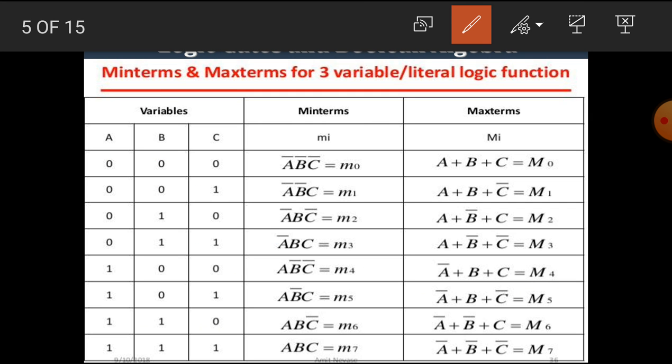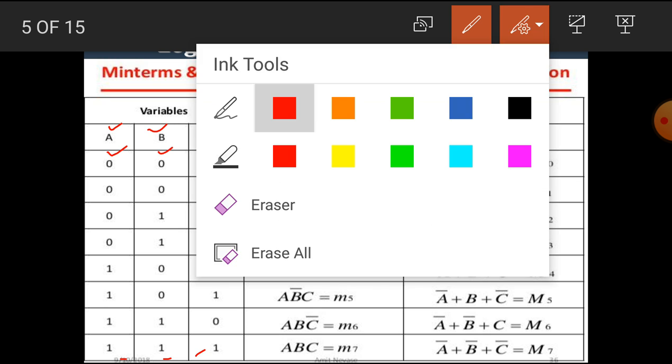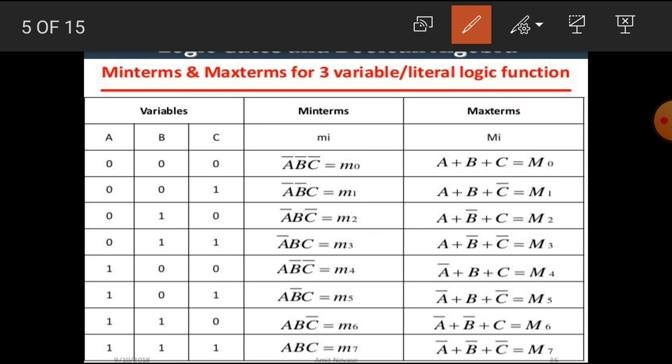Let's see the min terms and max terms for a three variable or three literal logic function. That means we have three inputs here, a, b and c. Their possible combinations are 0 0 0 to 1 1 1. Let's see the min terms and max terms of these three variables.